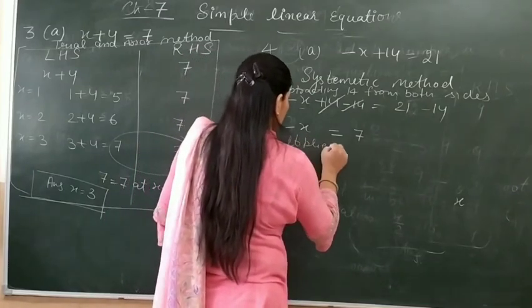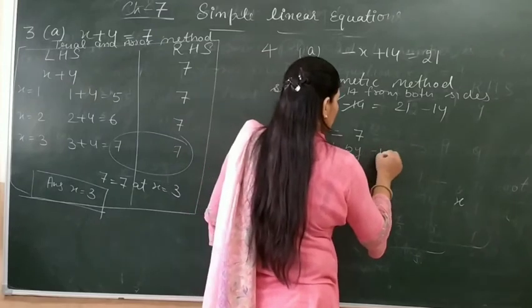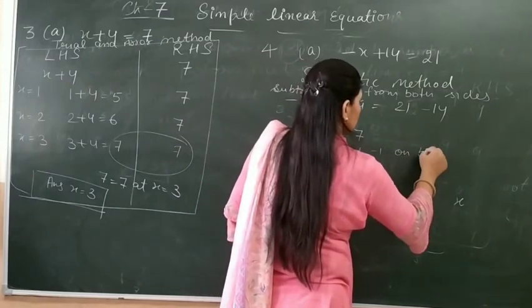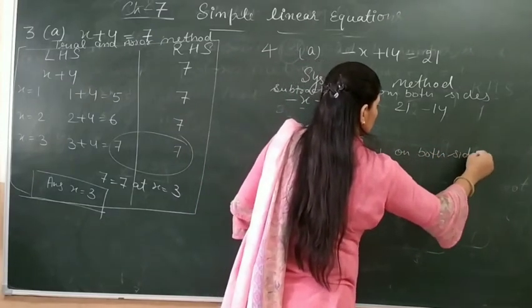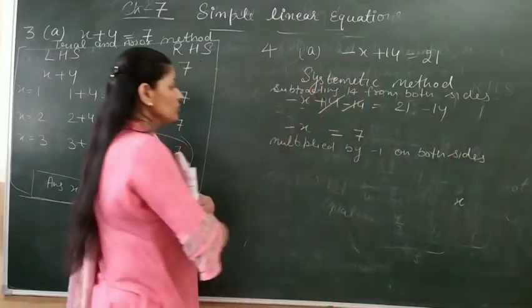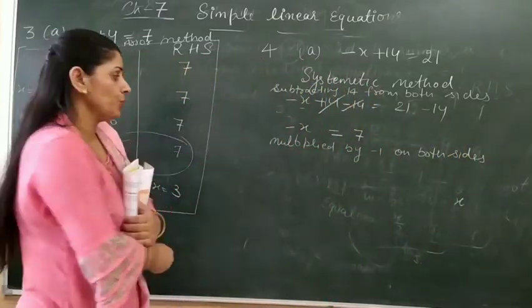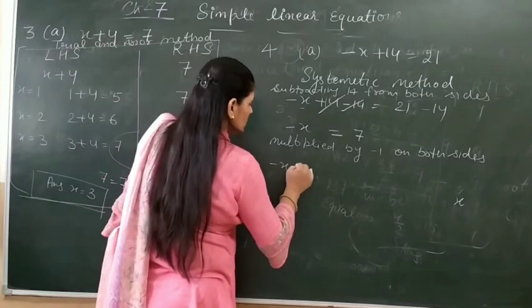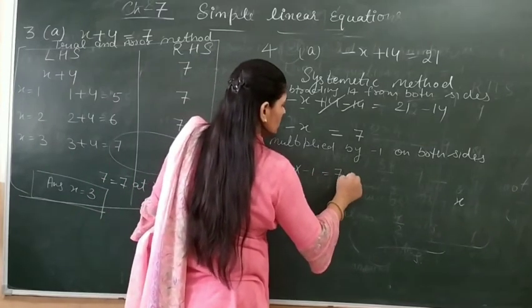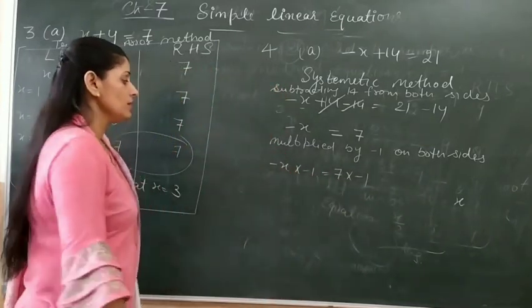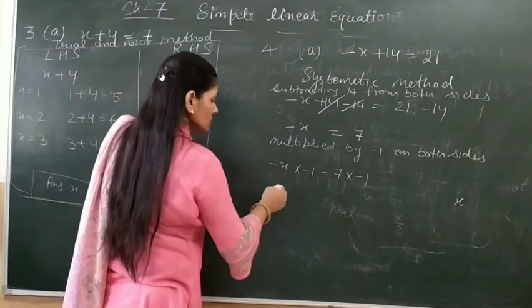Now multiply by minus 1 on both sides because we have to remove this minus sign also. So minus x into minus 1, 7 into minus 1, and the minus product is positive.